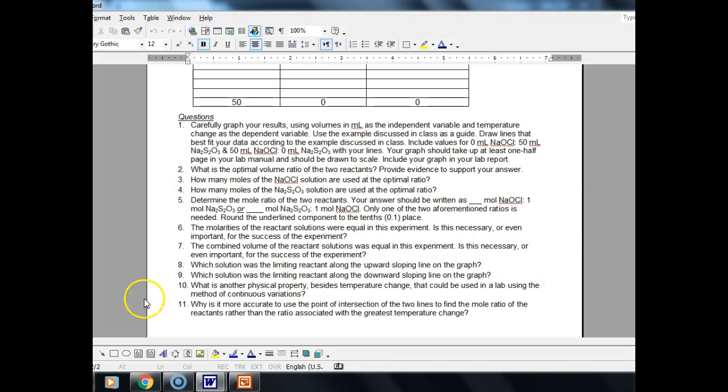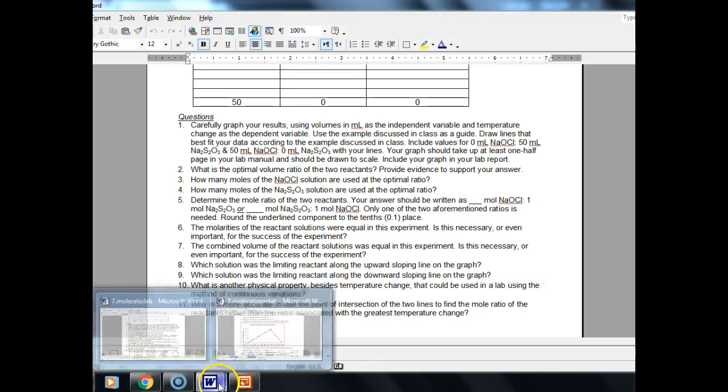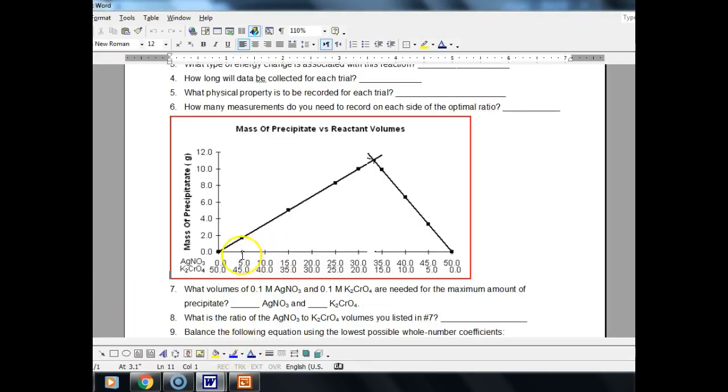So just something to kind of keep in mind. Which solution was the limiting reactant? If you've been doing the other videos for class, you know the limiting reactant is the reactant that gets consumed first. And so which one did you run out of going on the upward slope of your graph, and which one did you run out of going downwards on your graph? So again, if we look at this pre-lab, we see that we started out with no silver nitrate, so silver nitrate would be limiting.